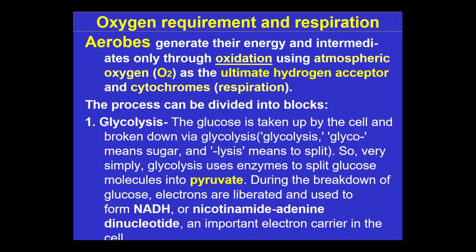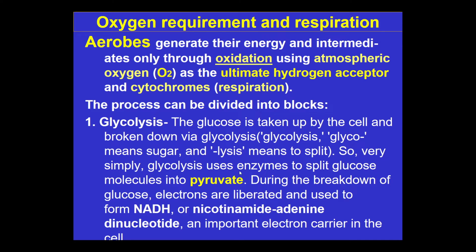As usual in biochemistry, we divide the process into several blocks. I'm not going to demonstrate those reactions. The first block is glycolysis. The glucose is taken up by the cell and broken down via glycolysis, which means glyco, sugar, and lysis, split.